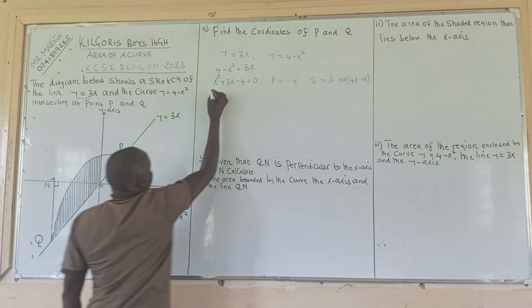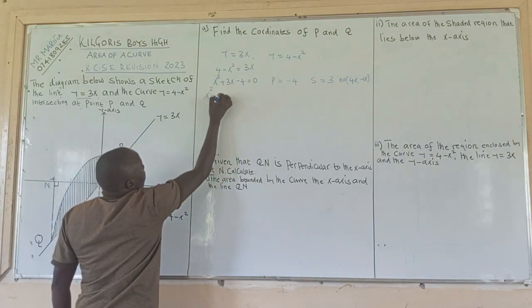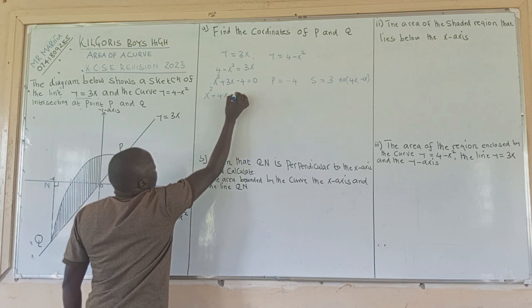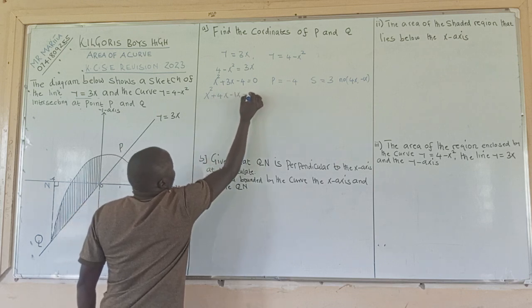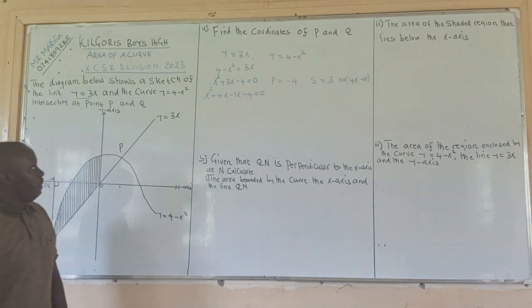So we write our equation as x squared plus 4x minus 1x minus 4 equals 0.